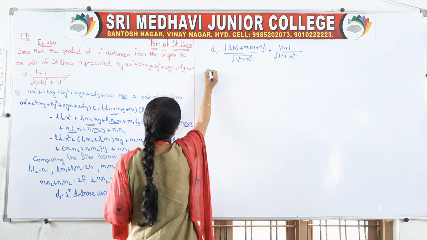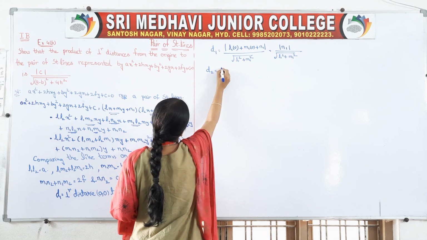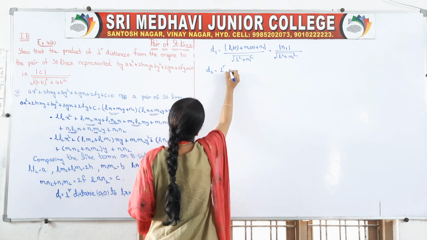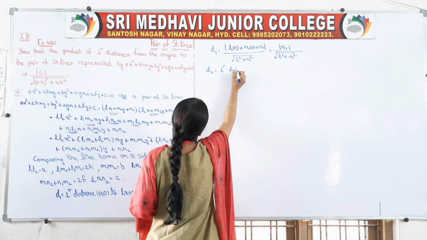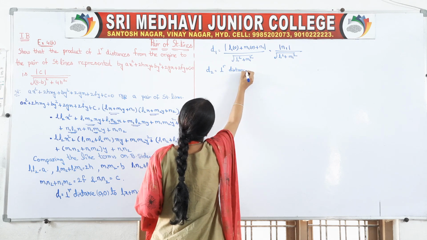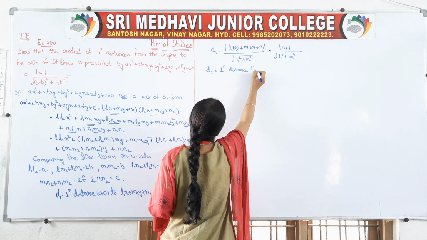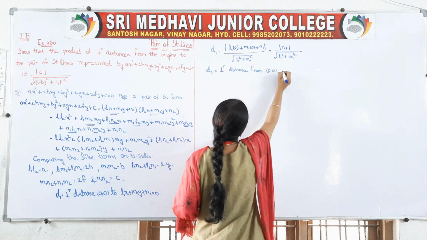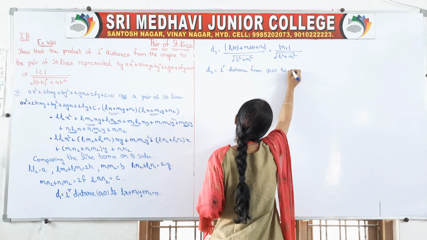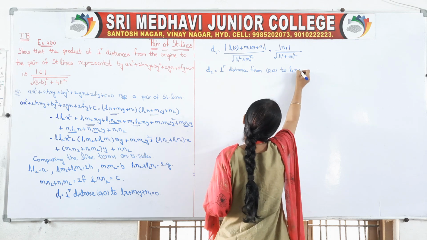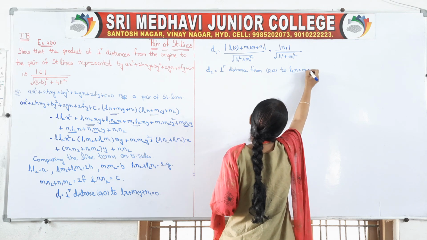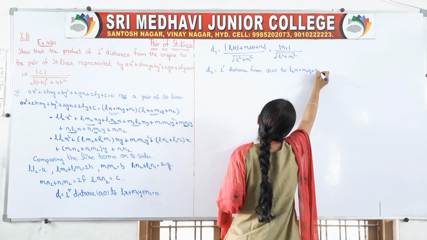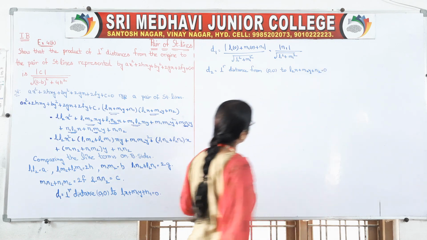Next you take d2. What is d2? Perpendicular distance from origin, right? Origin means 0, 0. From 0, 0 to which line? Second line, L2x plus m2y plus n2 is equal to 0.